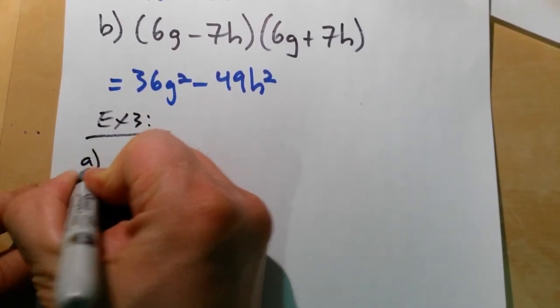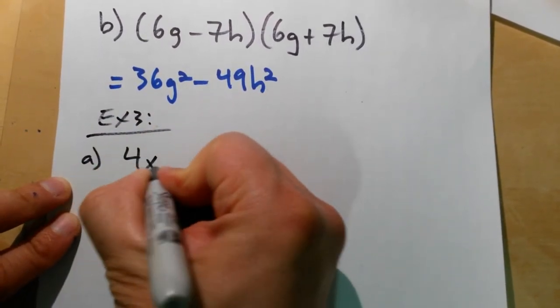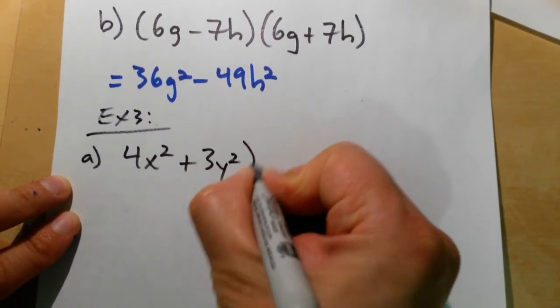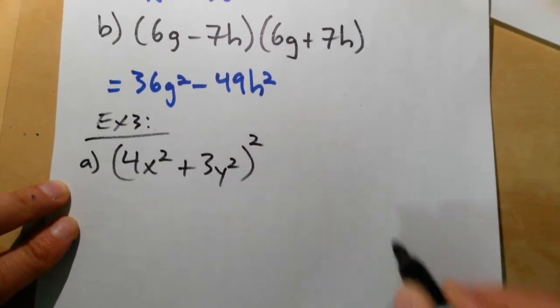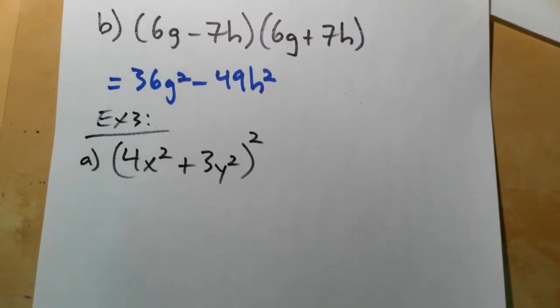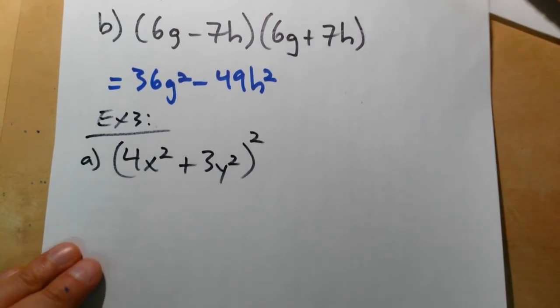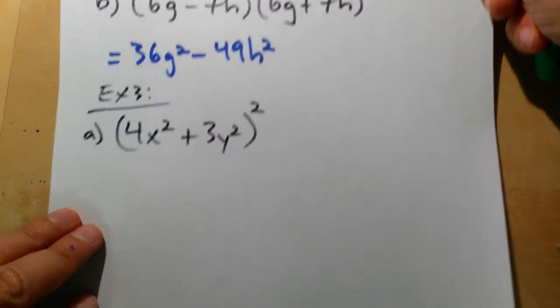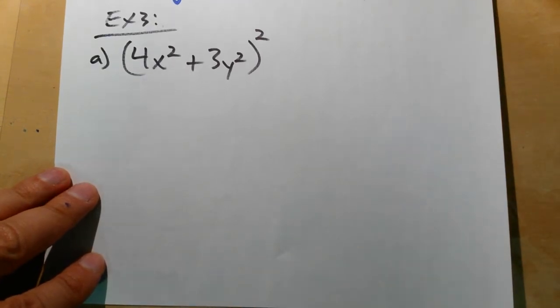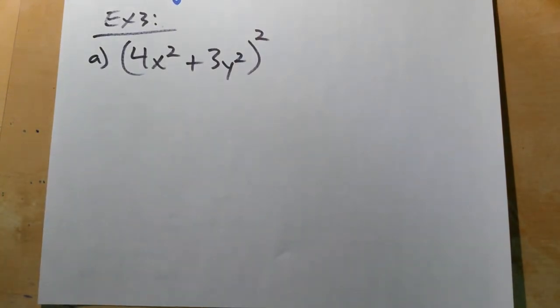So for example, you have 4x squared plus 3y squared, and this whole thing is squared. Same thing, and this time we're not going into detail. First you look at this and you think, okay, it's a binomial, it's being squared. What is our a value? What is our b value?